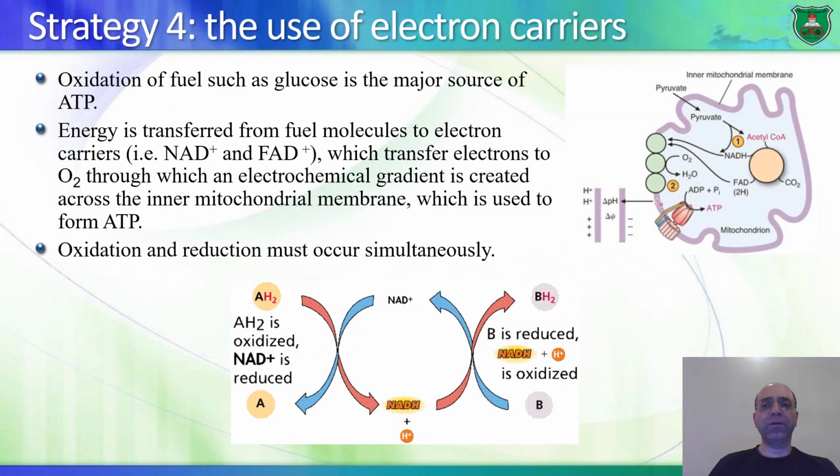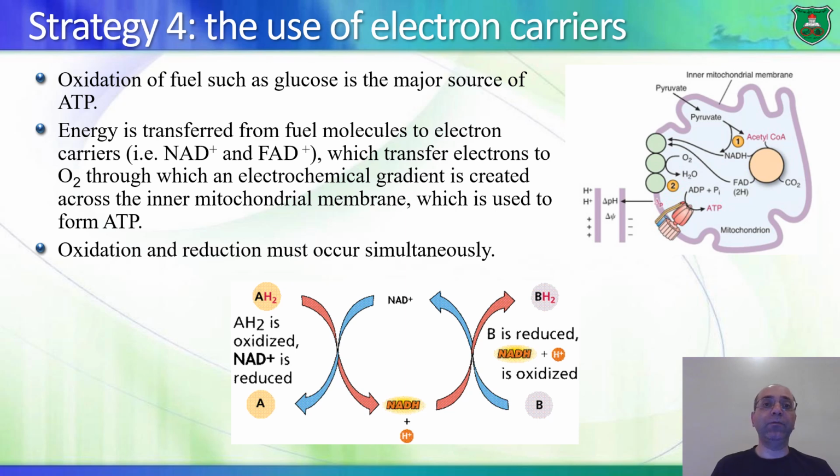Now, the fourth strategy that cells use to drive reactions forward is the use of electron carriers. Now, in the body, whenever cells need energy, they catabolize molecules.